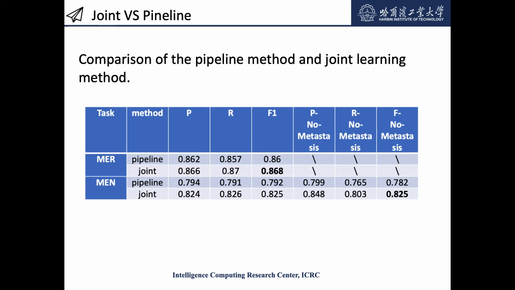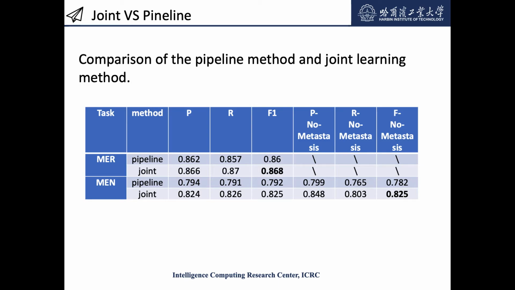We compare the pipeline method and the joint method for the MER and MEN tasks. We can conclude that the joint model brings improvements over both MER and MEN tasks, and MEN has a 4.3% F1 score improvement over the pipeline method.